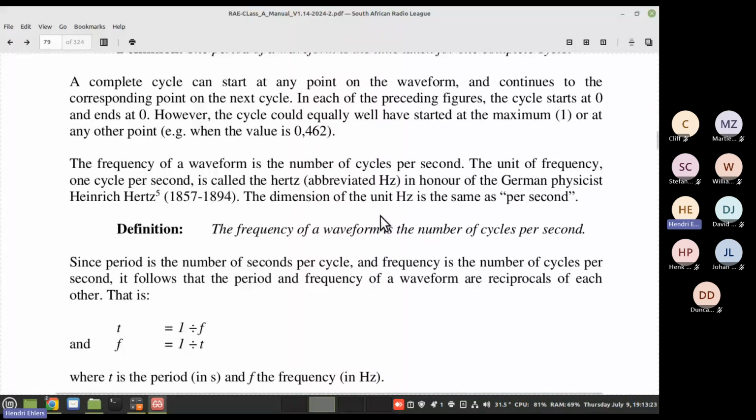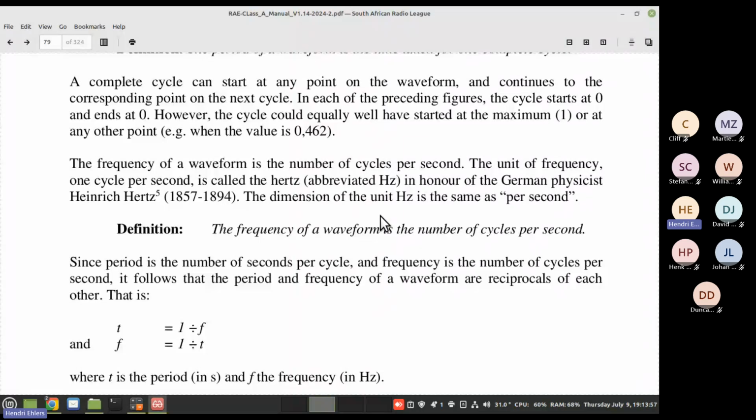Frequency. So if we get one cycle, and then we get the second one, then we have a frequency. Frequency tells you it happens frequently, hence the word frequency. The frequency of a waveform is the number of cycles per second. The unit of frequency, one cycle per second, is called hertz, in honor of the German physicist Heinrich Hertz.